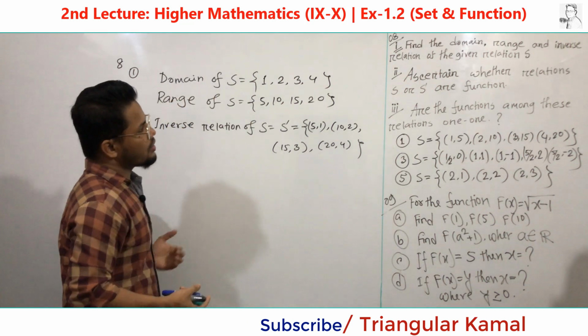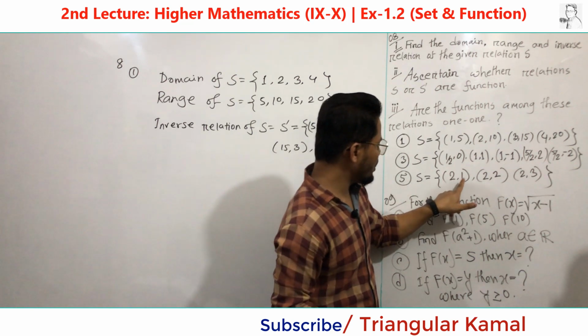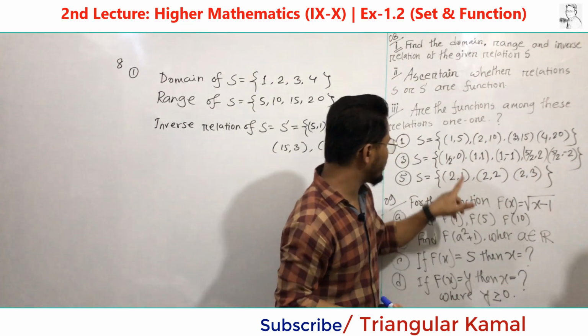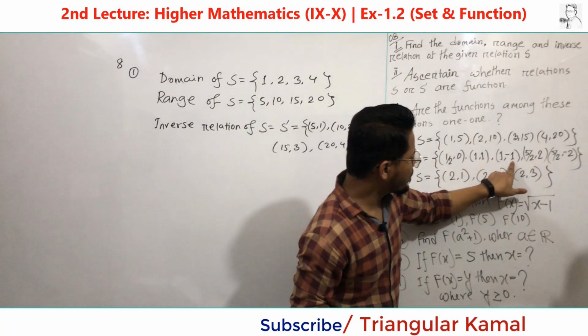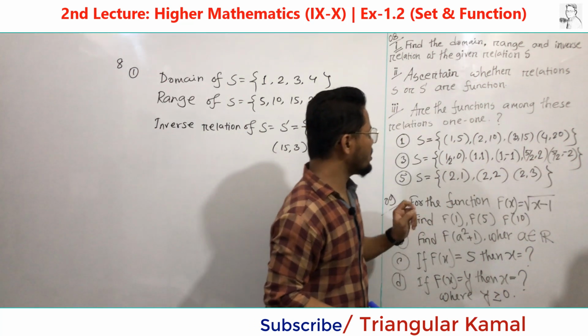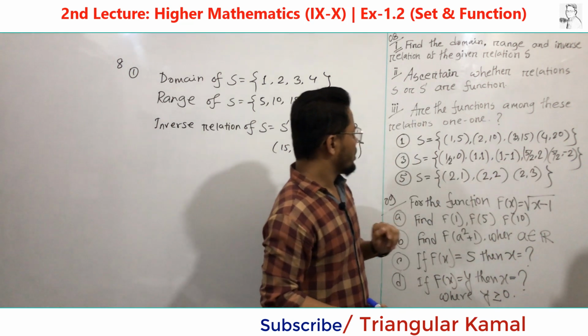Secondly, the range: here the range will be all the second elements of the ordered pairs. In number 3 they are 0, 1, minus 1, 2, minus 2. All are distinct elements, so the range will be 0, 1, minus 1, 2, minus 2.